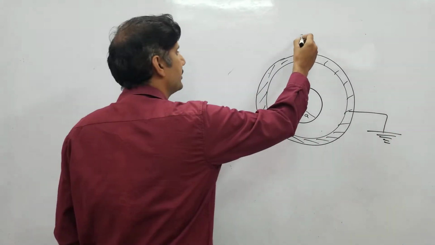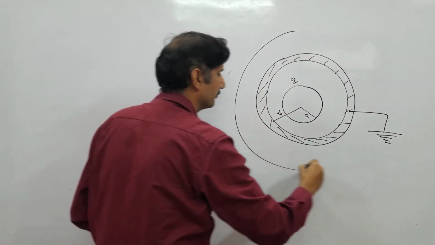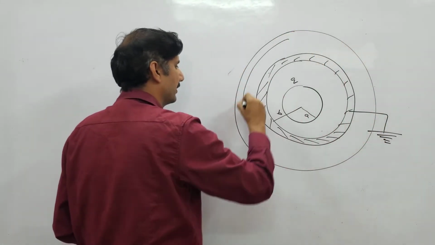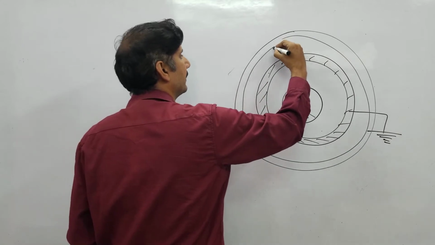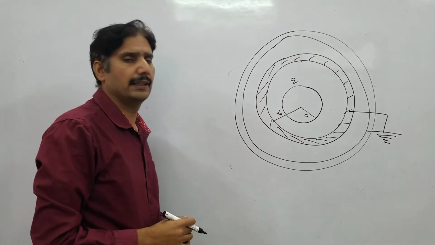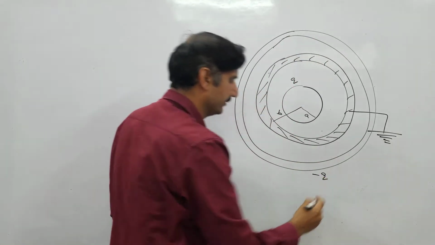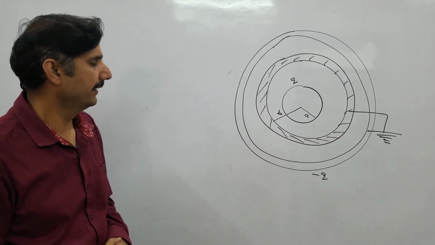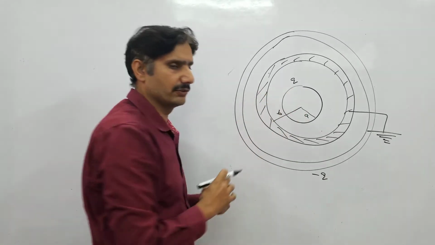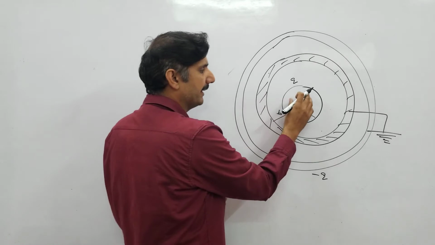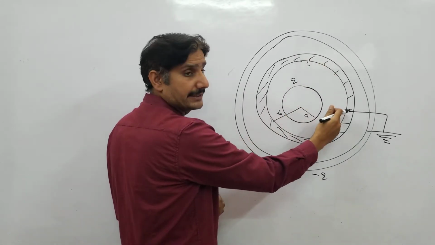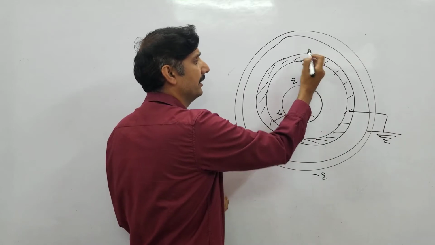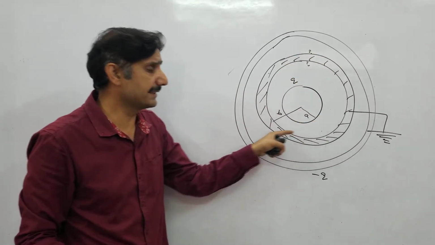And there is a third shell, and again for the same reason I am considering some thickness for it, and charge minus Q is given to this shell. Now as Q charge appears over there, due to this Q charge, some charges would be induced on the inner surface as well as some charge will appear on the outer surface of this second shell.